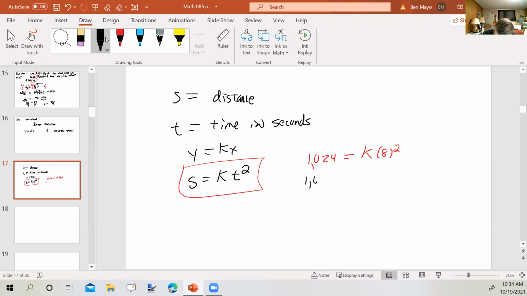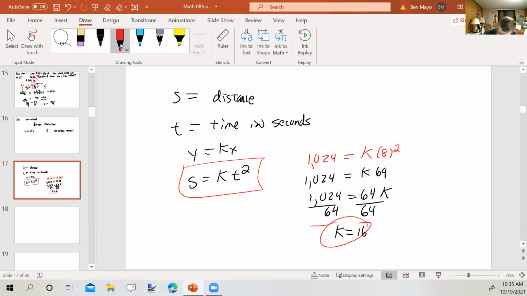So we've got 1,024 equals k times 64, or 64k, okay? Now, if we divide both sides by 64, we have 1,024 divided by 64, and we get 16. So the variation constant for this problem is 16.